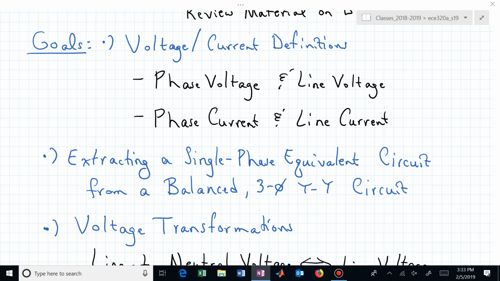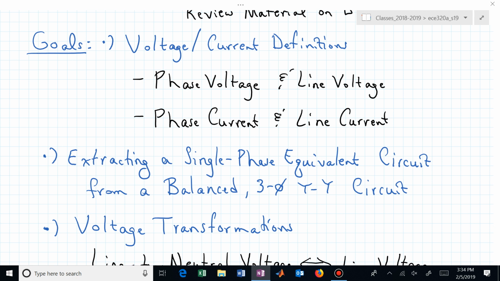The line voltage is always the line voltage, but what the phase voltage is depends on the connection. Likewise, that holds similarly for the currents. You have a phase current and a line current. The line current is always the current in each transmission line, the A-phase transmission line. But the phase current may not be the same as the line current. So we'll try to make that distinction clear in the first part of today's lecture.